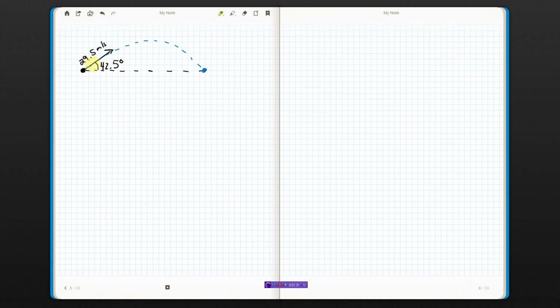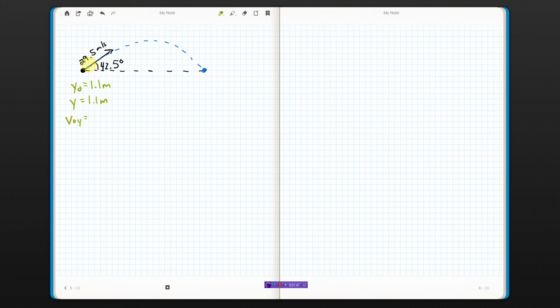So, I know that the ball starts at a position of 1.1 meters and it ends at a position of 1.1 meters. That's easier than trying to figure that out.